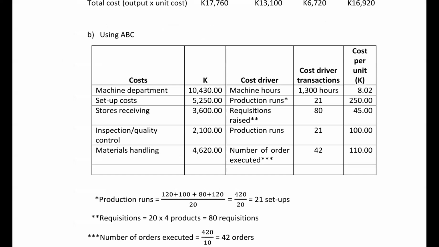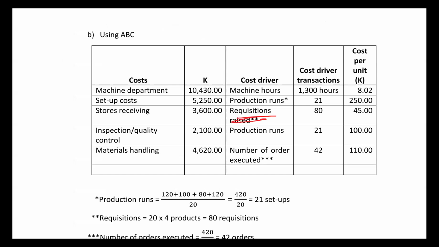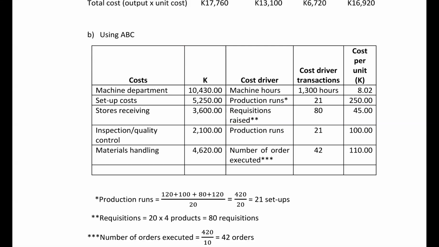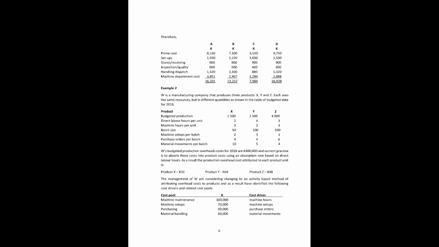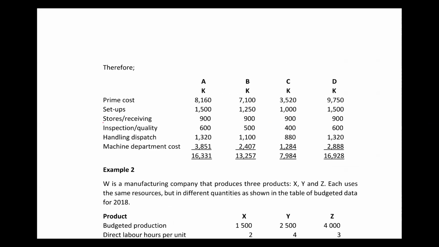So you multiply that 20 per product, 20 times this 45 per requisition. It will give you these stores costs. You've seen it's a fixed amount, because the number of requisitions is fixed at 20, and the cost per one is 45. So you can easily do that.